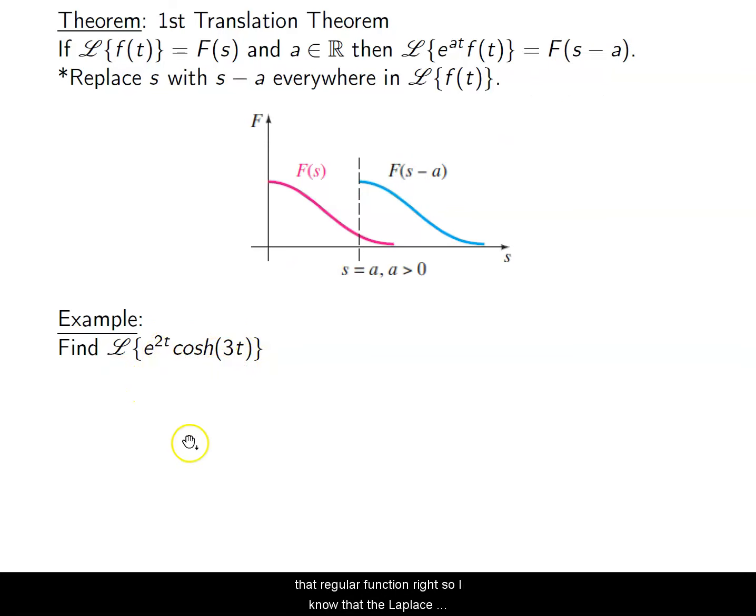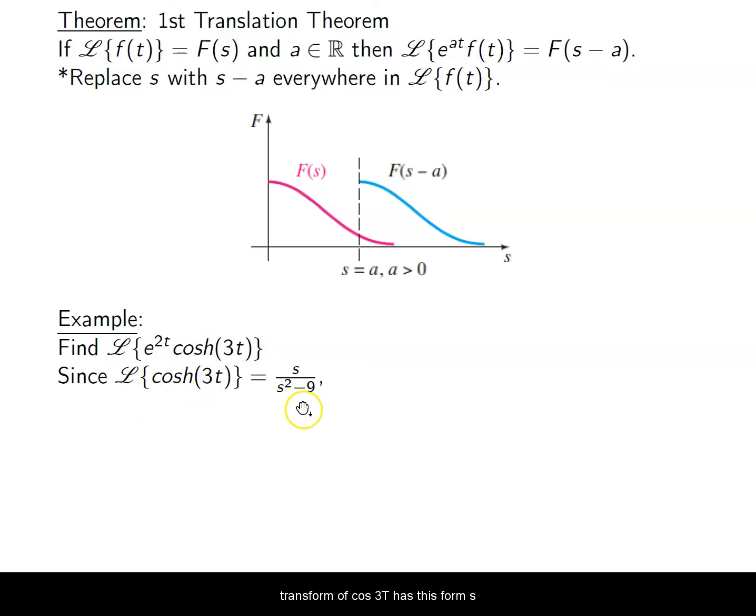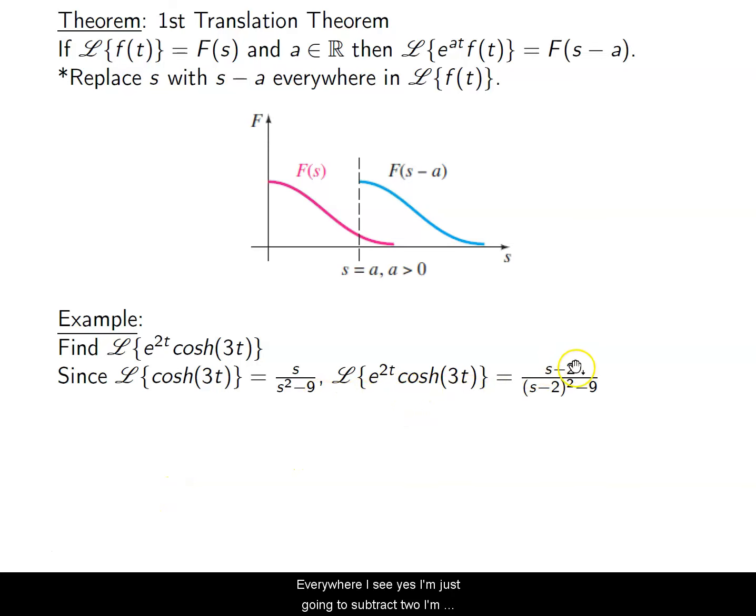I know that the Laplace transform of cos 3t has this form, s over s squared plus 3 squared, or 9. So everywhere I see s, I just replace it by this s minus 2 value that I have. I'm going to keep it inside of the square, because s is being squared, so s minus 2 should be squared here.